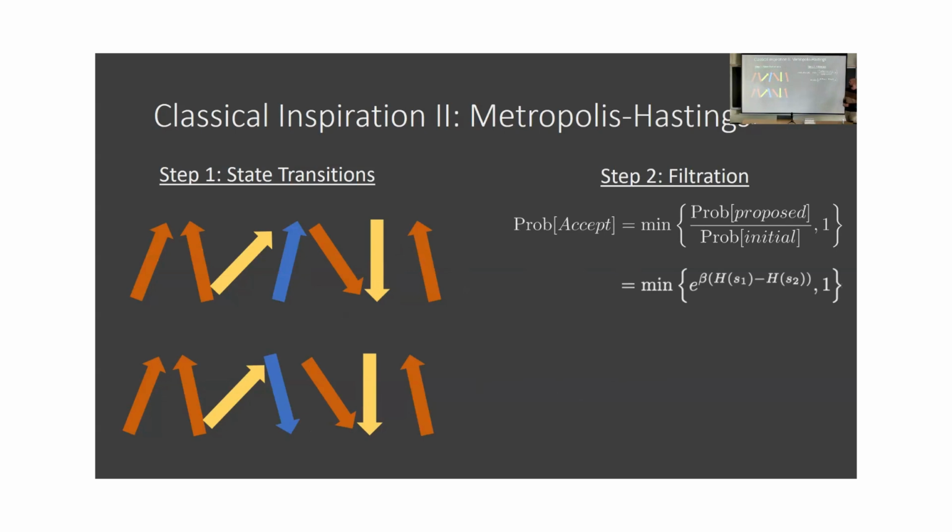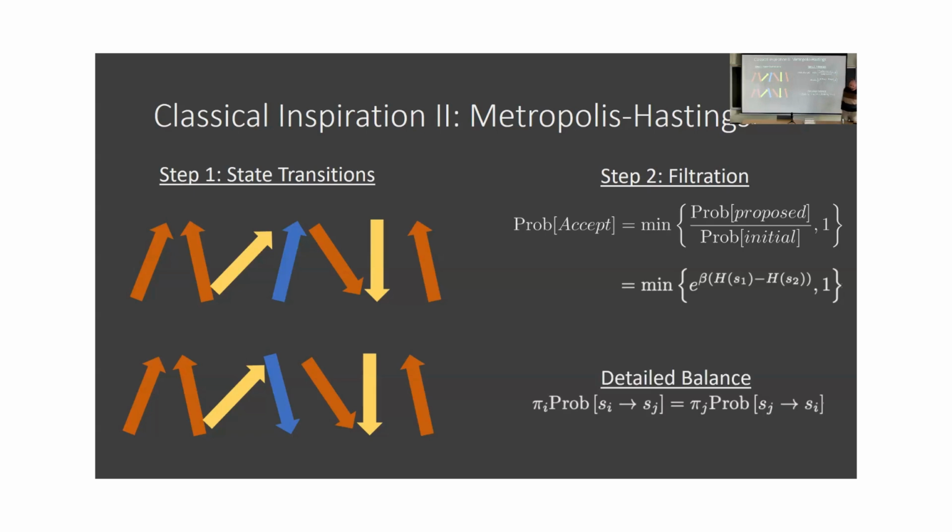So you take your new state and you compute the ratio of these probabilities, and you accept the state with that ratio, and you clip it at 1, obviously. And the nice thing about Boltzmann distributions is that this ratio scales exponentially with the energy difference. So if you go down in energy, so S2 is lower in energy than S1, then you will always accept your sample. And so this moves you to higher probability areas of the distribution.